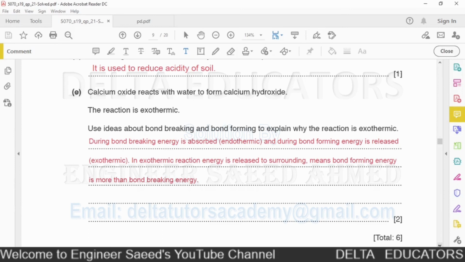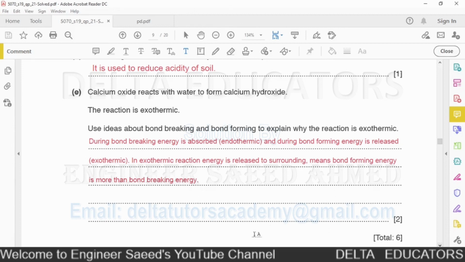During bond breaking, energy is absorbed, means it is an endothermic reaction, whereas in bond formation, energy is released. So we can say bond formation is an exothermic reaction. Now in general, if a reaction is an exothermic reaction, we can say during this reaction, bond formation energy is more than the bond breaking energy.